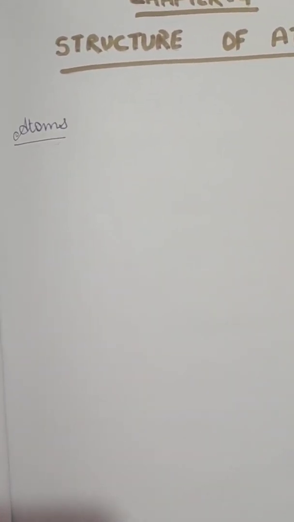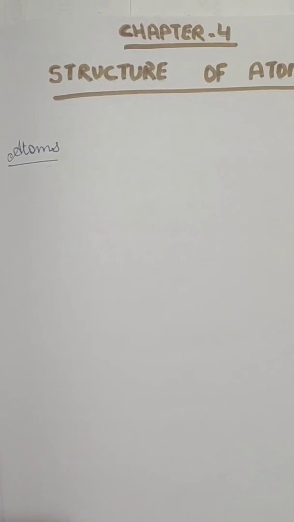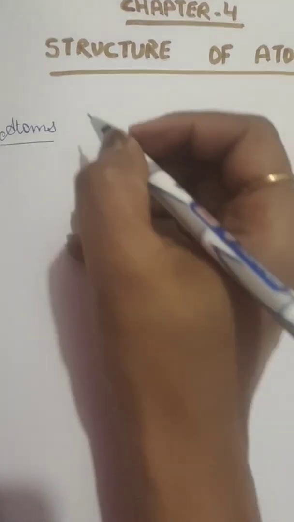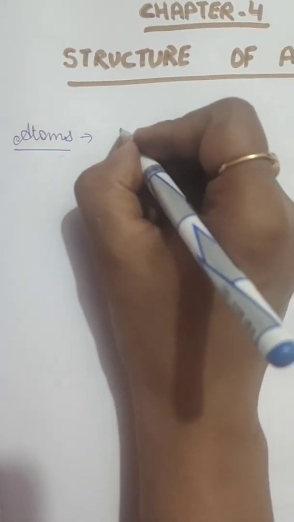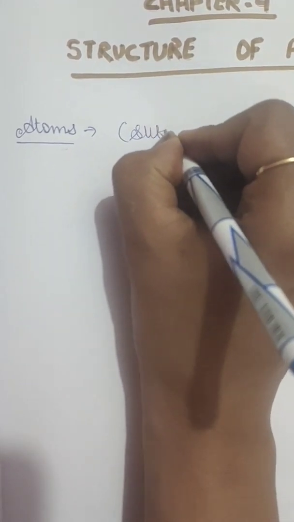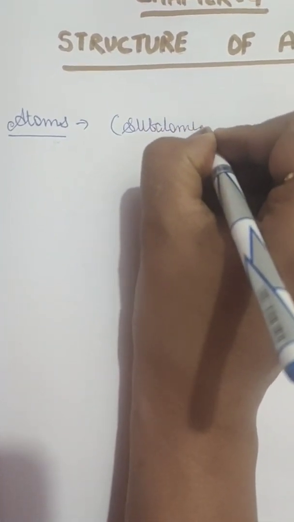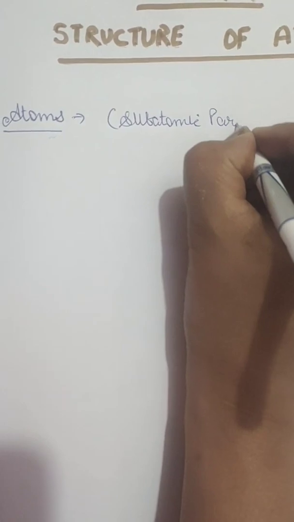So now we know that it can be divided further into some more inner structures which are smaller particles. That means atoms have subatomic particles in them.